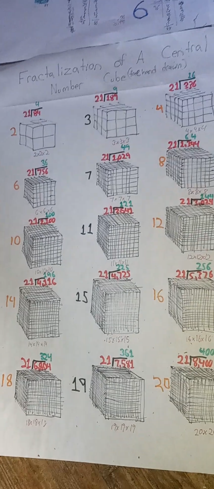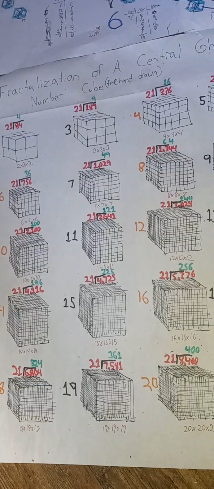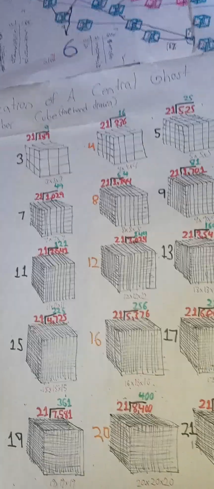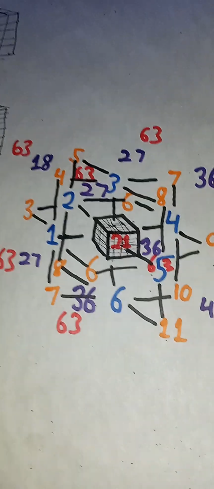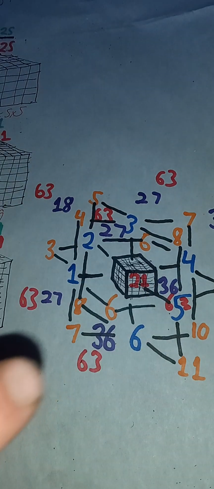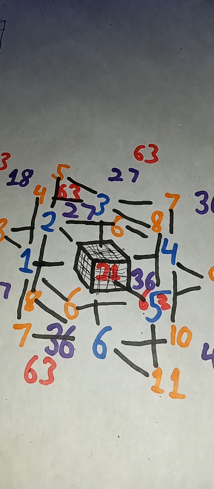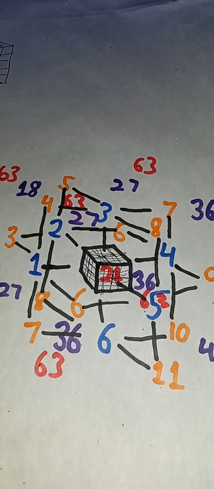This is a fractalization of the central ghost number cube, and it's drawn freehand. I did this some time ago. And right here is a representation of the central ghost number 21, and that's a representation of it being fractalized to some degree.